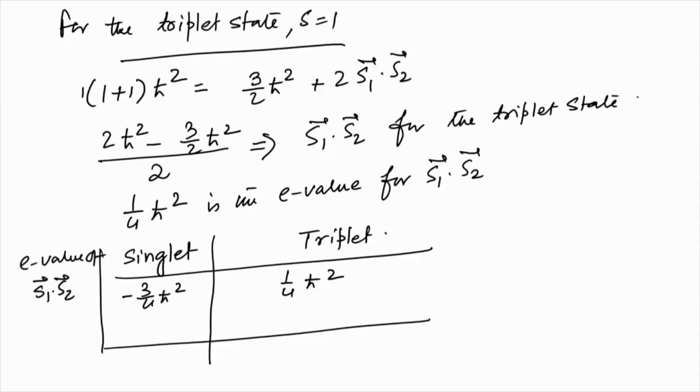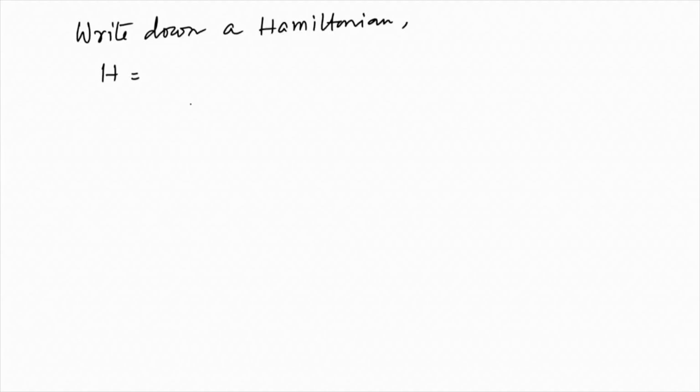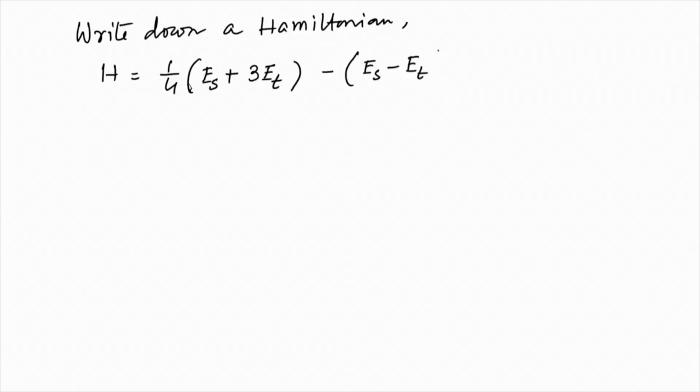Now, if we write down a Hamiltonian, which is H equal to 1/4 E s plus 3 E t, I will tell you what these are, E s minus E t times S 1 dot S 2.